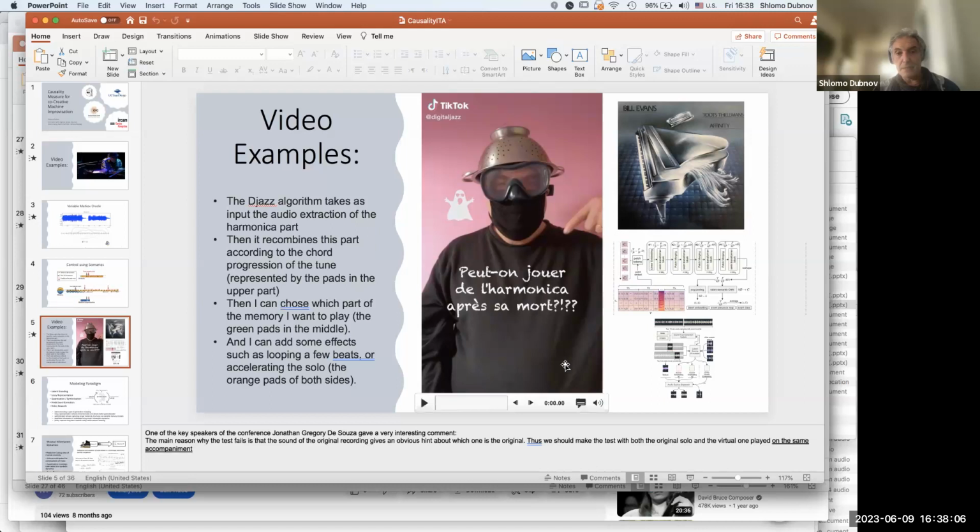In this case, what we did was, and this was for an event commemorating 100 years of Toots Thielemans, a very famous harmonica player from Belgium, we wanted to create a virtual model, maybe improvise on Toots's recordings, a little bit like what I did with Stravinsky, but we didn't have his solos.